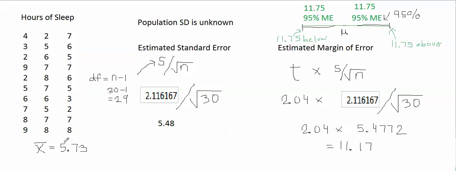Just like when you use a sample mean to estimate a population mean, when you use a sample percentage to estimate a population percentage, you can calculate these same two values. You can calculate a standard error and a margin of error. The standard error tells you how far the sample percentage is likely to fall from the population percentage. It tells you how far off target it's likely to be.